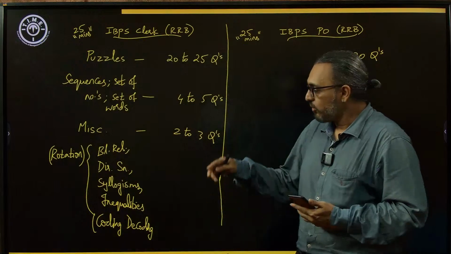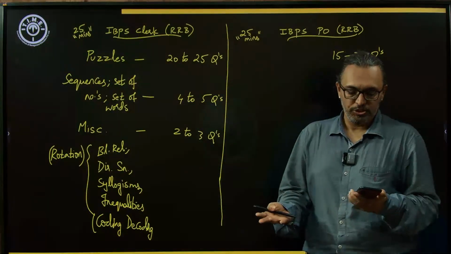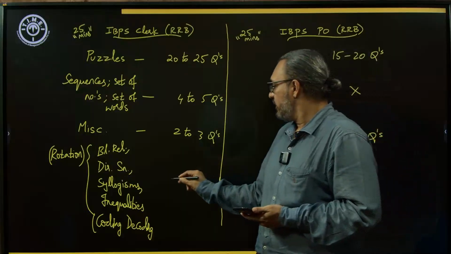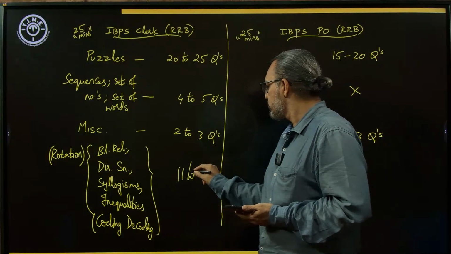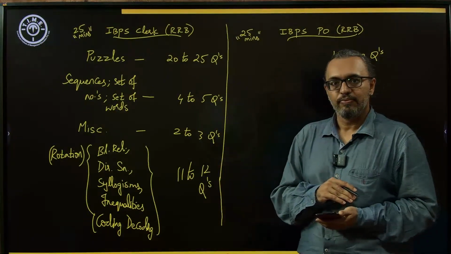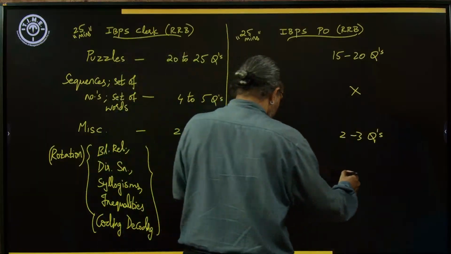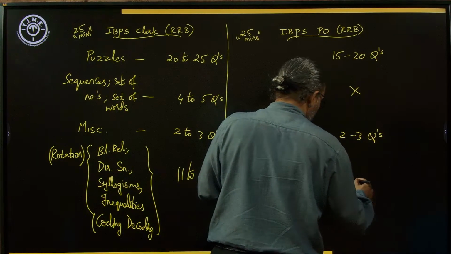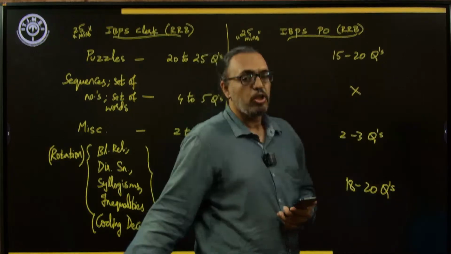It means you will not get questions from all the topics every time. 2 or 3 topics together, he can give you questions. So from among these, anywhere between 11 to 12 questions you can expect. But when it comes to the PO exam, anywhere between 18 to 20 questions you can expect from these topics.